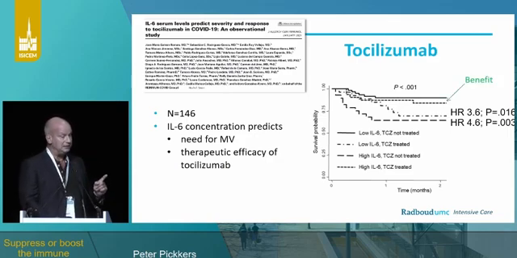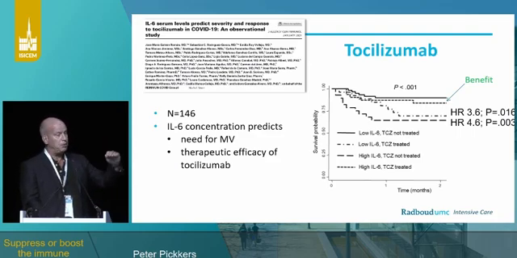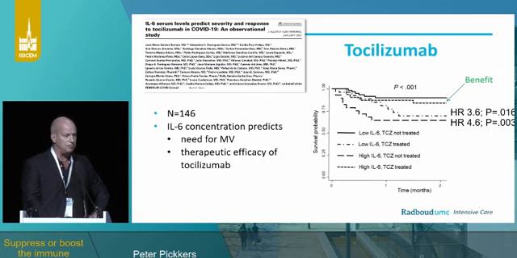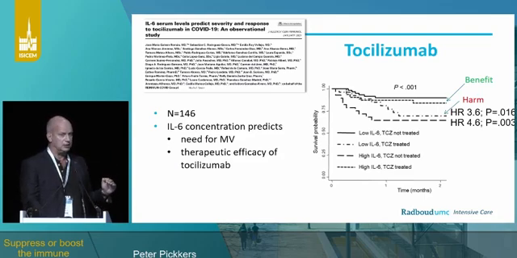However, in patients that have high IL-6 levels and did receive tocilizumab, that curve goes back to the low level, so there's a benefit of tocilizumab in that group. But most importantly, I think, in those patients with low IL-6 levels that received tocilizumab, there was actually a significant signal of harm.